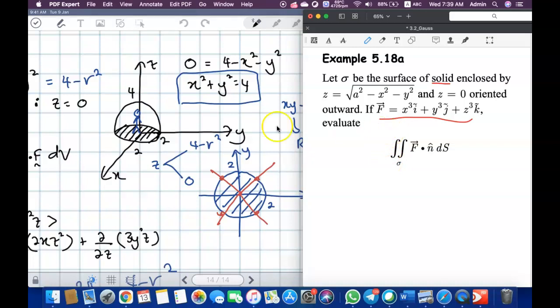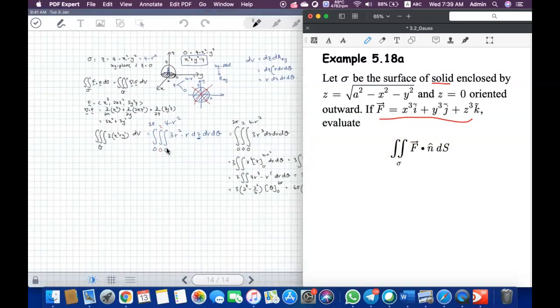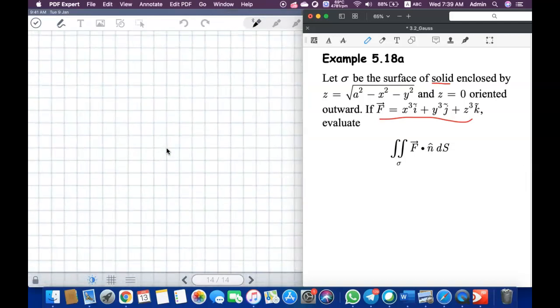Because you can save your time. We have a solid which is a hemisphere of radius a.